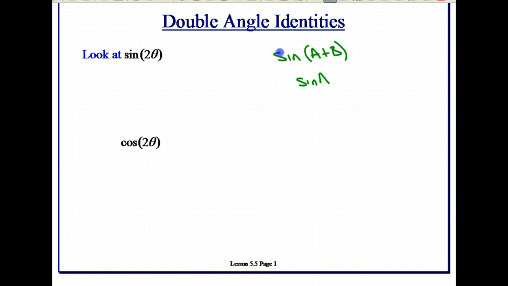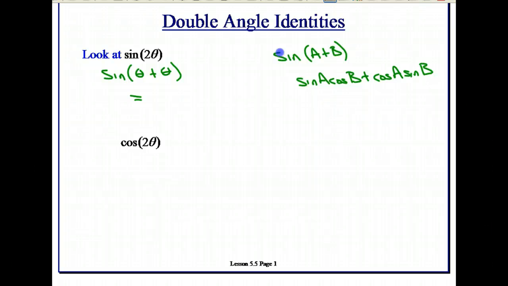That goes sine a cosine b plus cosine a sine b. So if we look over here for the sine of 2 theta, you might think, well, weren't there homework problems like this? And there were. So 2 theta, isn't that the sine of theta plus theta?